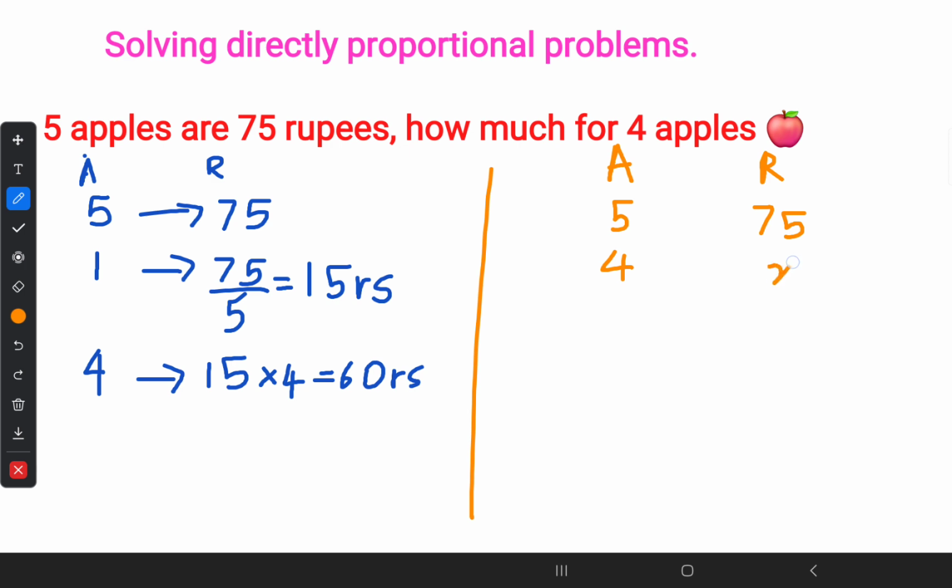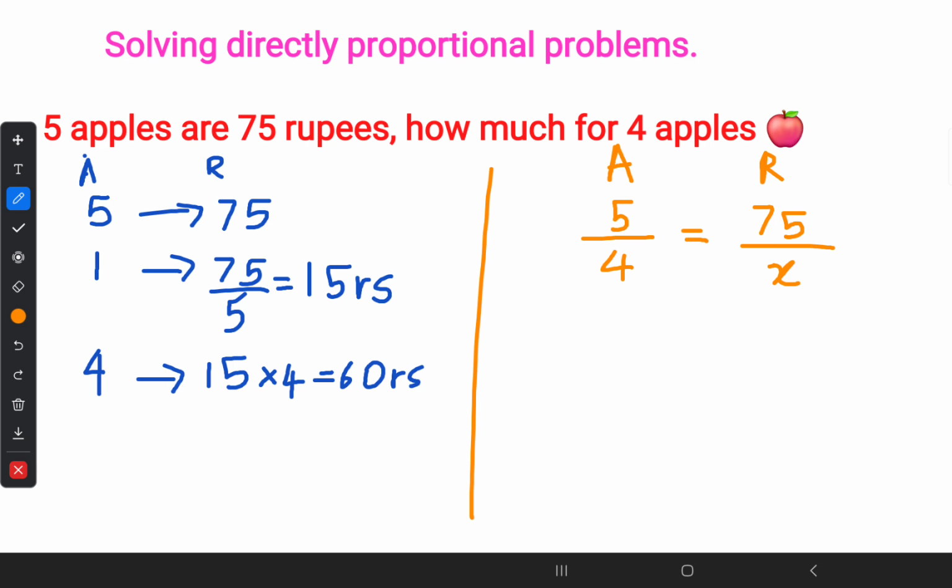I don't know how much I need to pay, so I will consider that amount as X. We don't know the amount we need to pay for 4 apples, so I will consider it as X. You should write them as fractions. The number of apples on one side, the amount of rupees on the other side, and both should be equal.